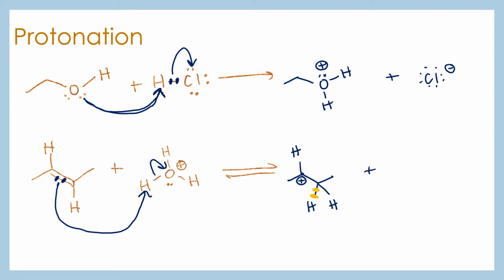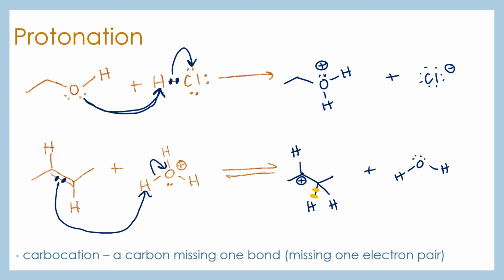And this also gives you water as a conjugate base. And so this is something really common that you're going to see pretty quickly in organic chemistry. Now, the species that we formed here is called a carbocation. This is a carbon that is missing 1 bond, missing 1 electron pair, and is therefore positively charged.